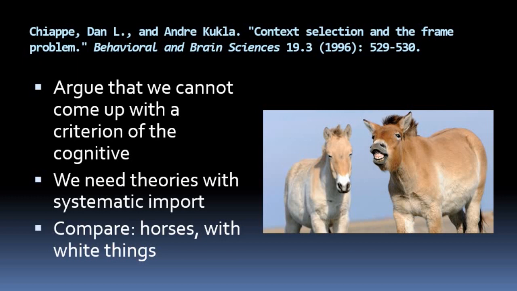Those things don't really seem fair to compare in that a horse is a far more specific thing than white things, for example. Oh yeah, there's that. And you could say about white things that all white things reflect every other color except the color white. But that's just to say that they're white. But if you were to compare living things with white things, you would suffer the exact same problem.